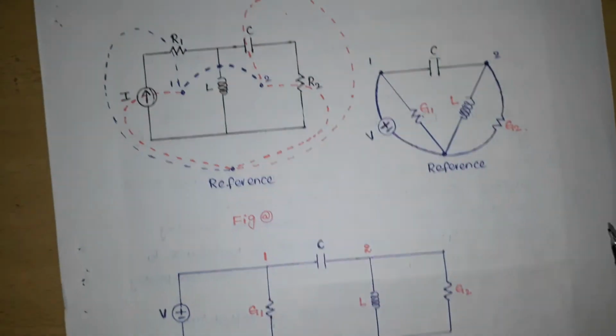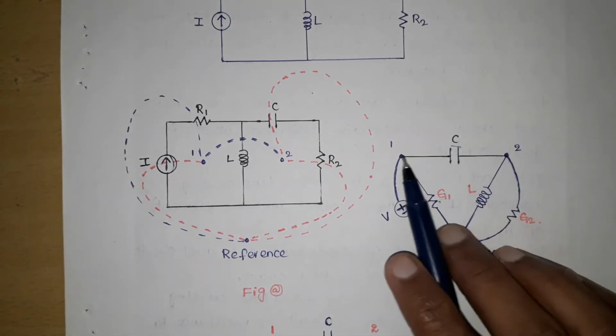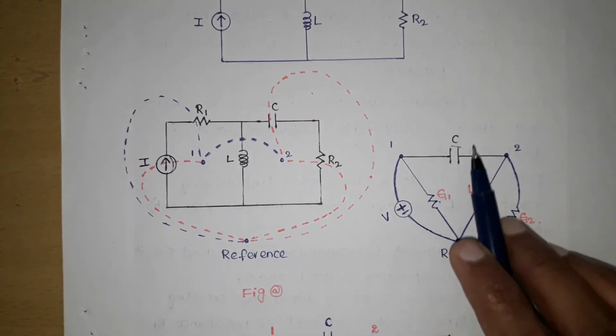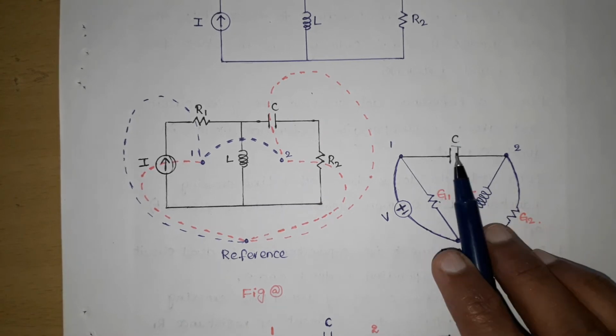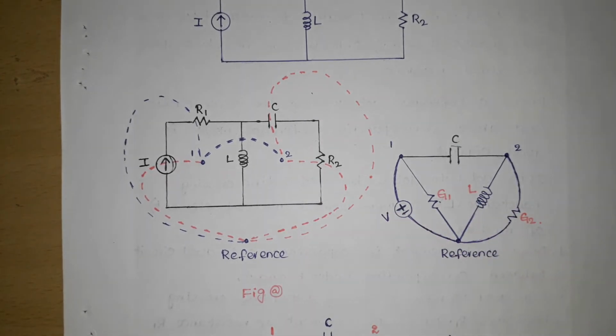So in between these two nodes we have to take a capacitor, because capacitor is the dual element of inductor.